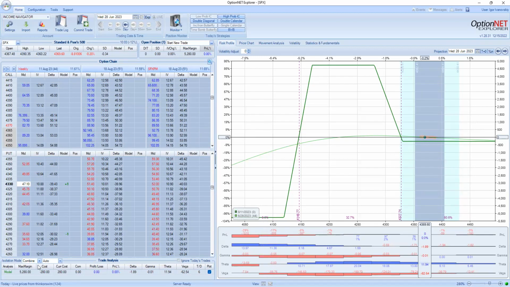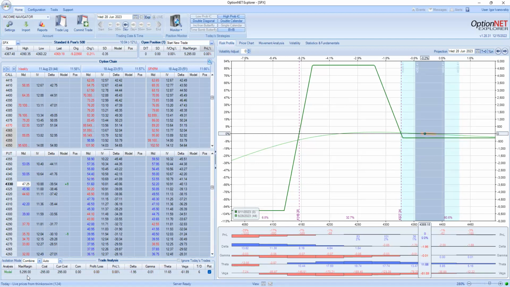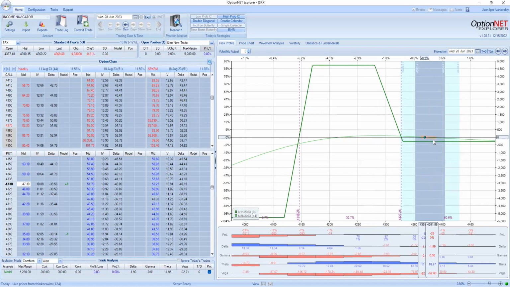So now our risk goes from 52.80 plus 750. Our risk goes to $6,030 on the downside. We're just shifting risk from upside to downside. If the market is running away and you want to take out some of the upside risk, you're just going to shift risk from upside to downside.